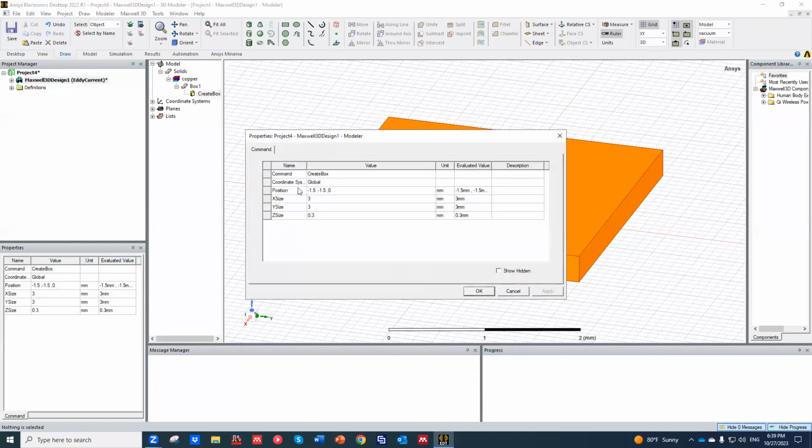So now I change the position of this slab. Let's make this slab with the size of 100 millimeters, 100 millimeters, and 10.